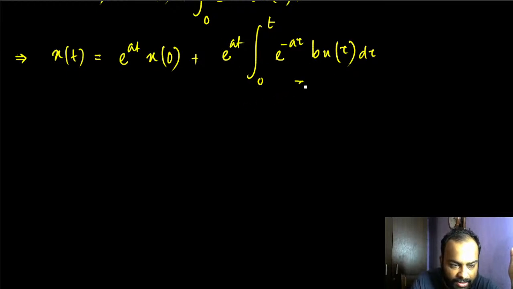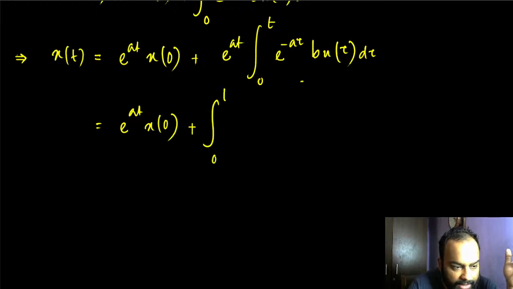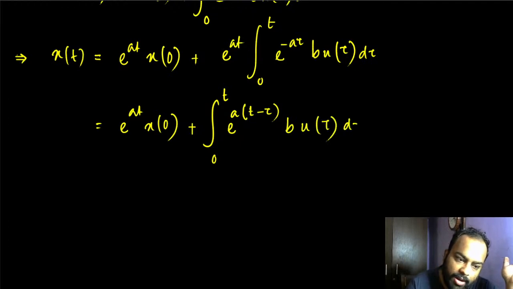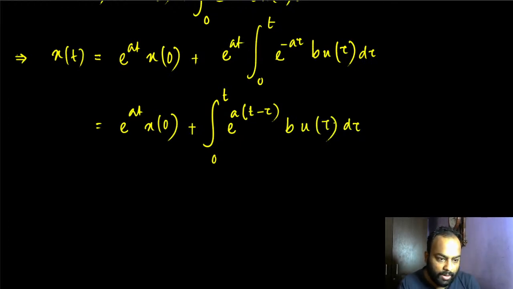This integration can, this factor can be brought inside, and that way we have e to the power at x0 here, and plus we have 0 to t, that integration, and here we have e to the power. Now of course let's think about this. So this is essentially e to the power at times e to the power minus a tau. That becomes e to the power at minus a tau, and that is simply e to the power a t minus tau, and here we have b u tau d tau.